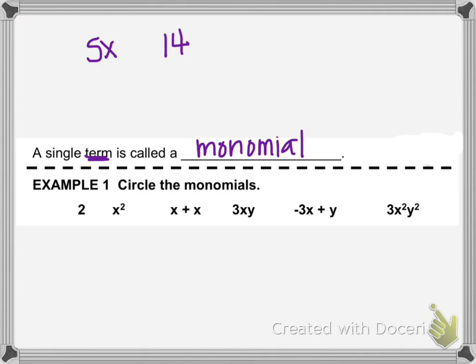Okay, and this indicates a single term. One term is called a monomial. When you have lots of terms together, that is actually called a polynomial. And you can tell the distinction between the monomials because they are separated by pluses and minuses. You may want to write that down.